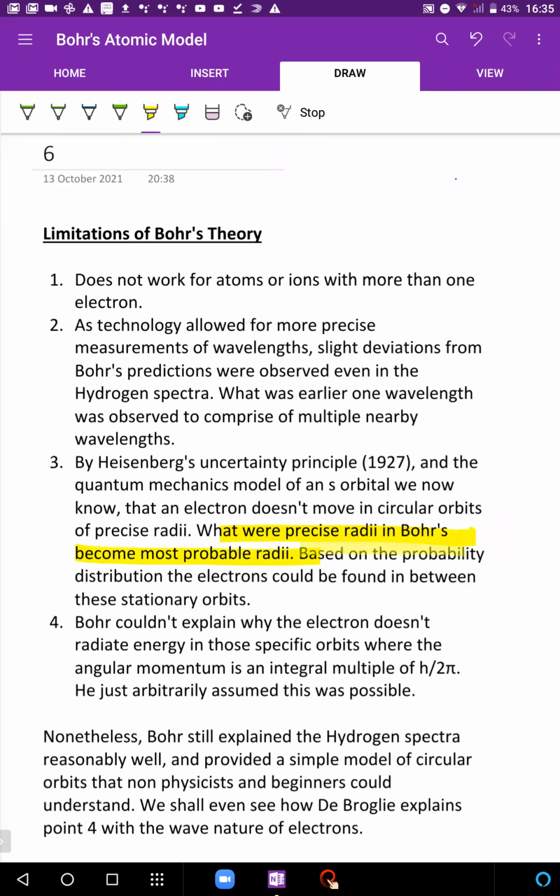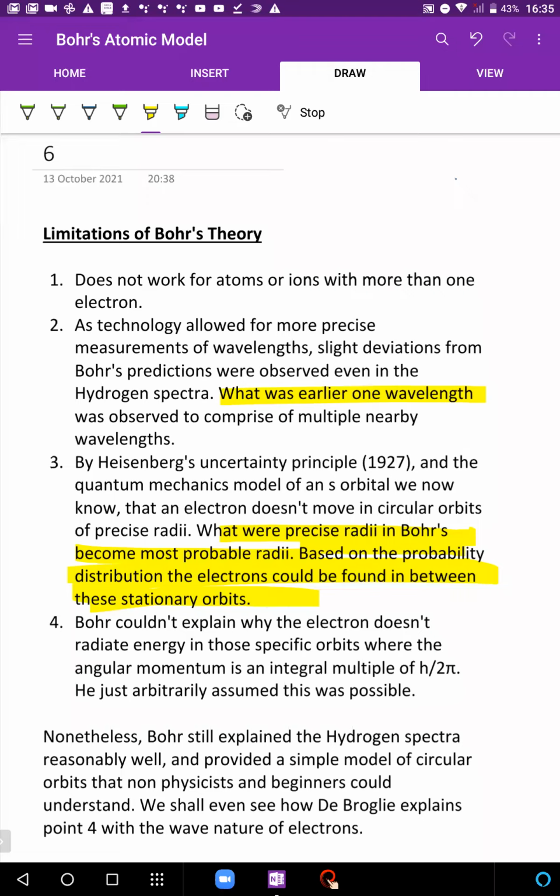Based on the probability distribution, electrons could be found in between these stationary orbits as well. This is probably why on closer examination, we don't see now a single line for a particular energy jump, but we see several lines close to that. Okay, so it's quite possible that, in fact, the electron is not going to be at a fixed distance from the nucleus.